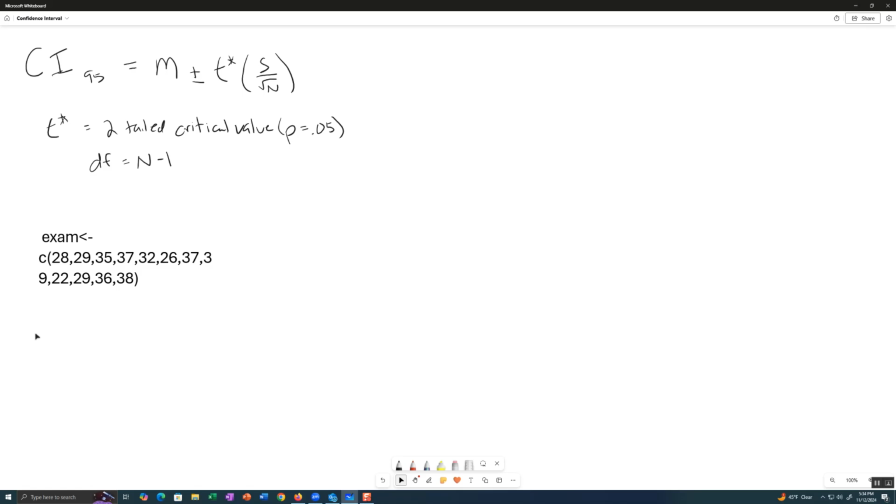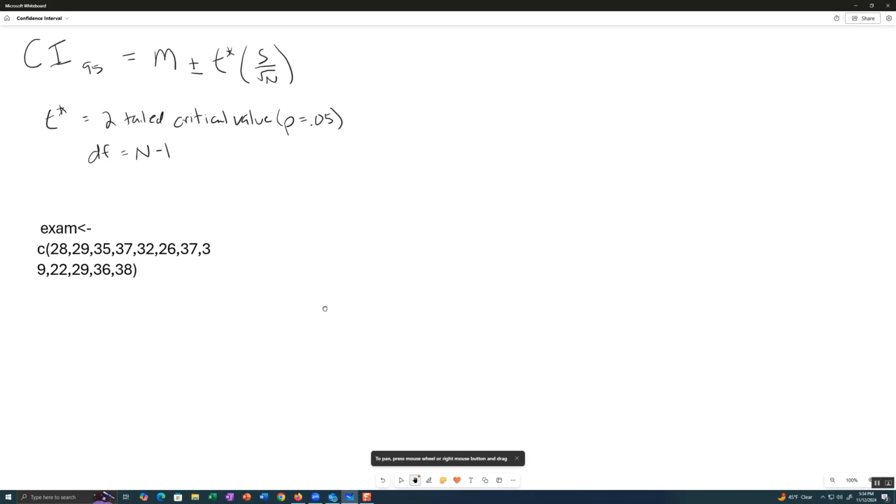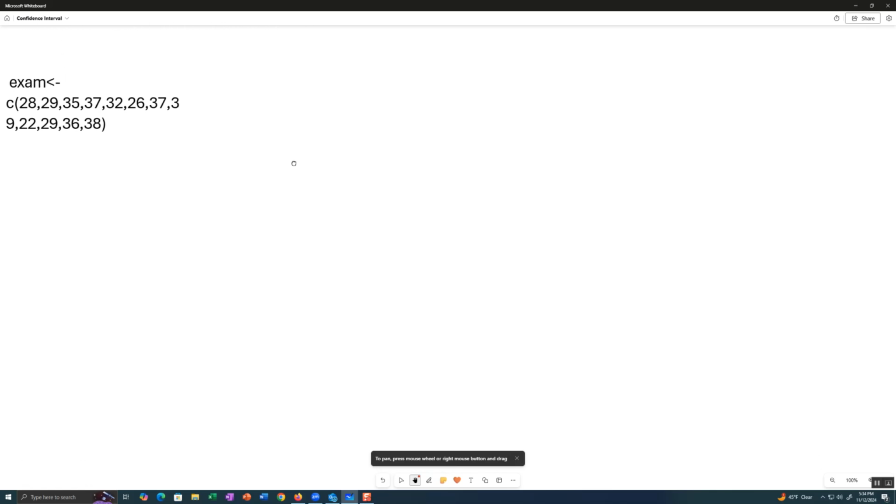I'm just copying it from R, but I'm going to write it out here. So I'm going to write out exam, and these are my scores. I had just taken it from R where I had it stored.